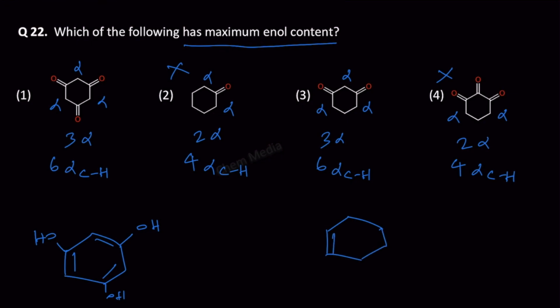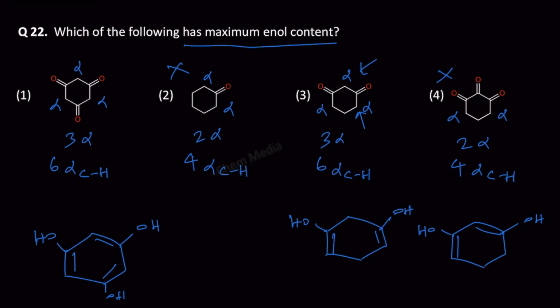Because here, let's say we can write the enol form this way, and then we can either write like this if it takes alpha hydrogens from here, or the other form that you can write is either this way or this way if it takes alpha hydrogens from this position.